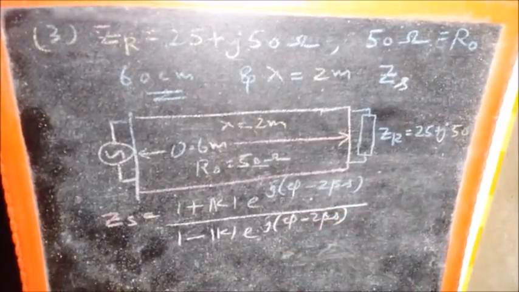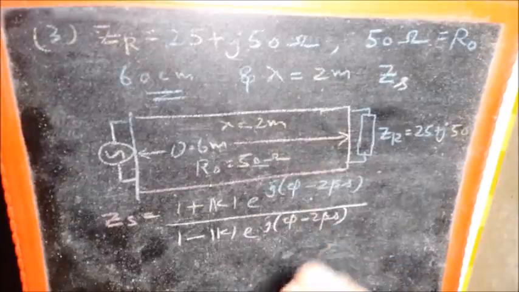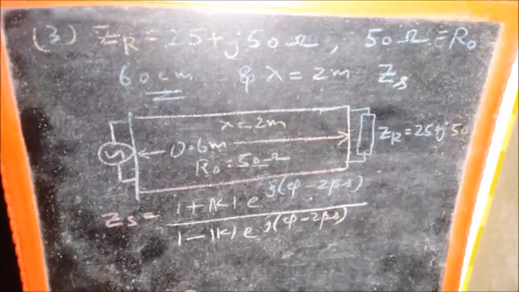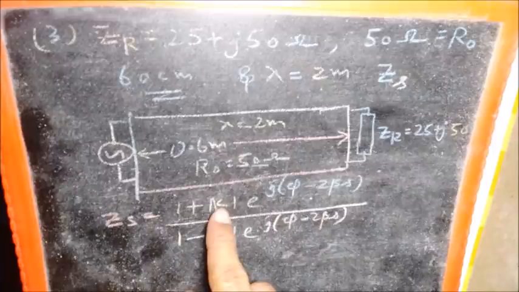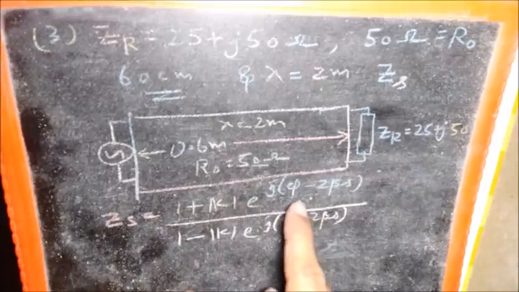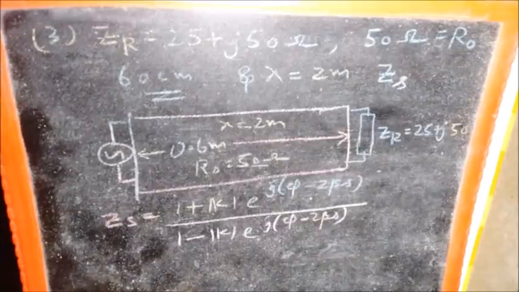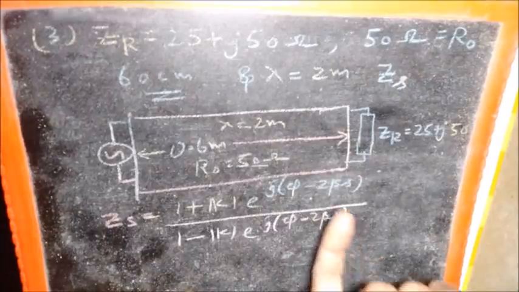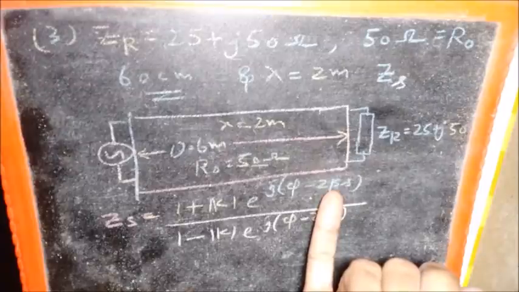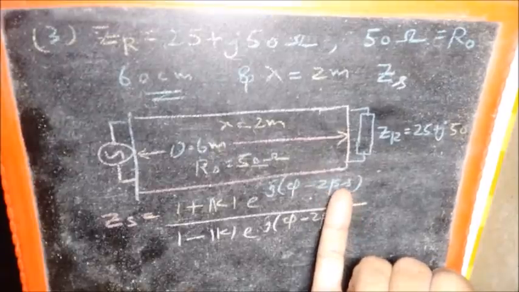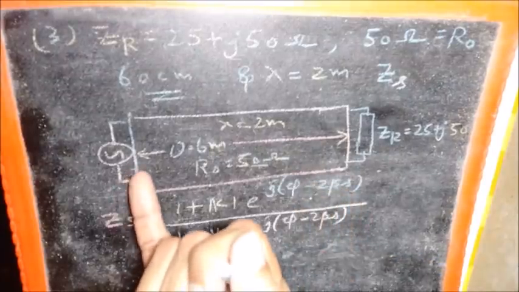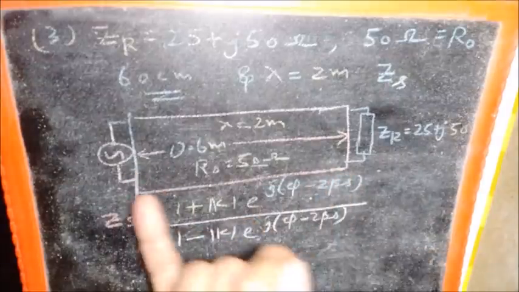To use this and find the input impedance, we should know what K is, that means the magnitude of K and its phase, which is the reflection coefficient. We should know beta, and we should know S. S is given because you are asked to find the input impedance at this point, so S is 0.6 meters.